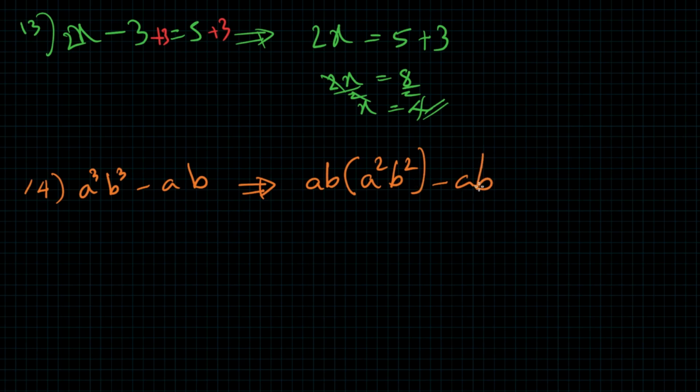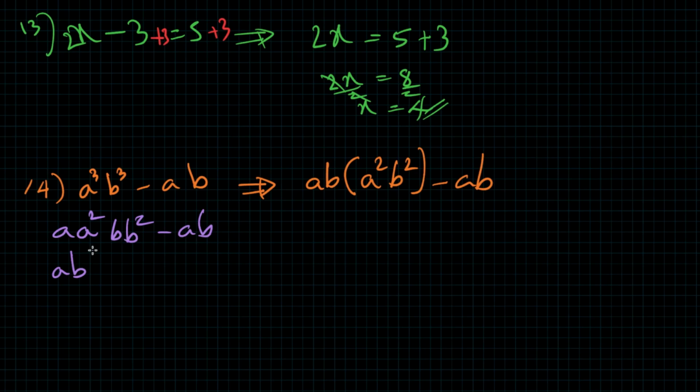Now how I did this one is like this. Let's go with purple. a to the power 3 we can write as a to the power 2 times a, and b to the power 3 as b to the power 2 times b. Okay, you should know that. Then minus ab. Here we have ab, so I take the ab out.